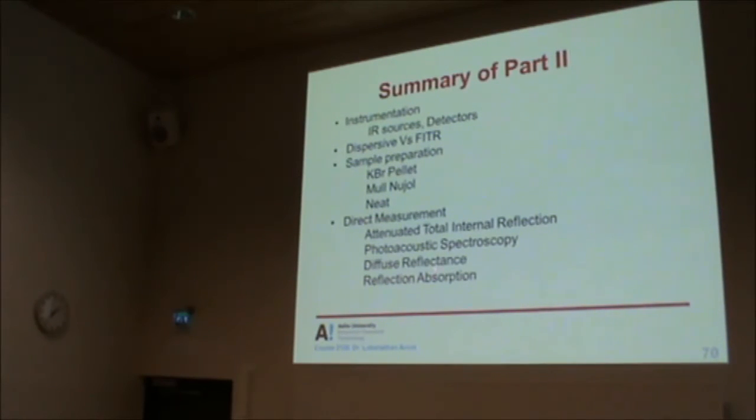And we saw diffuse reflectance, where the radiation scattered from rough surfaces can be focused to one place using a spherical mirror. And finally, we saw reflection absorption, where we can use polarized light to get an idea about the orientation of molecules.